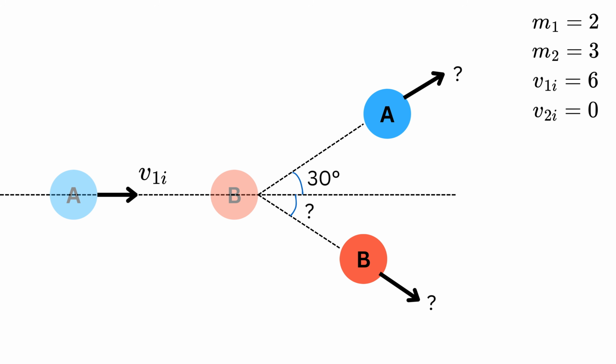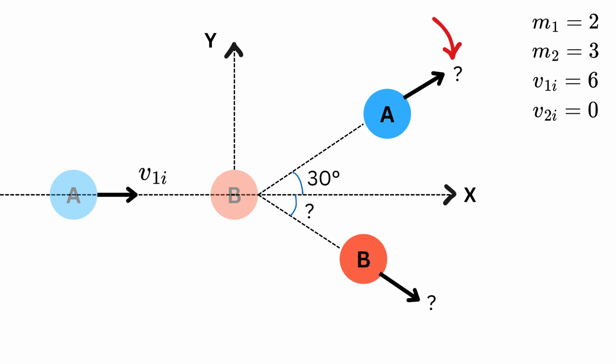The very first step on solving problems related to 2D collisions is to choose the coordinate system. Let us take the original line of motion of ball A as the horizontal or x-axis, and we will measure angles from that axis. Then let this be the vertical or y-axis. Now let us name a few unknowns of this problem.